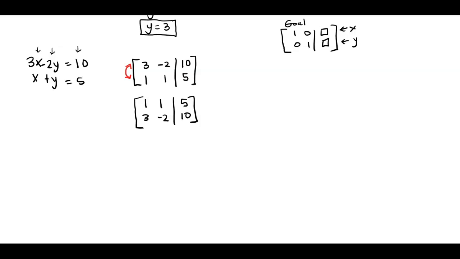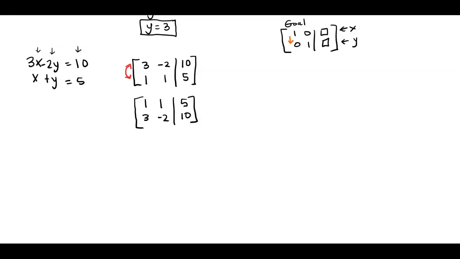Okay. So after I find this 1, then I'm going to move down and make that into a 0 underneath it. We're going to have this little mapping that we're going to talk about. If you follow the mappings that I'm showing you, then you'll be able to get to your answers a lot faster than if you just haphazardly try and get it into this 1, 0, 0, 1 format.